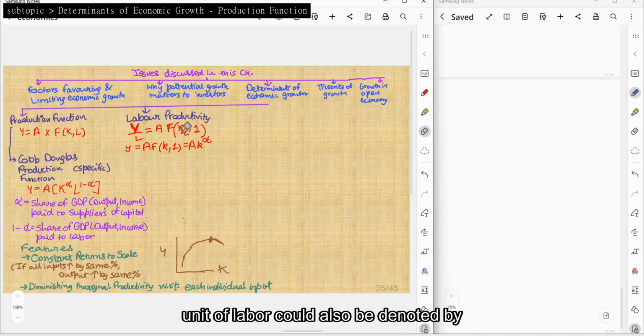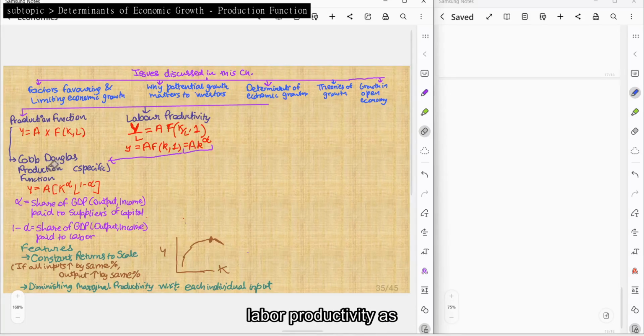Output per unit of labor could also be denoted by small y, and capital per unit of labor could also be denoted by small k. So, considering these changes, the Cobb-Douglas production function expresses labor productivity as A into k raised to the power alpha. Alpha is the same as the share of GDP paid to the suppliers of capital.